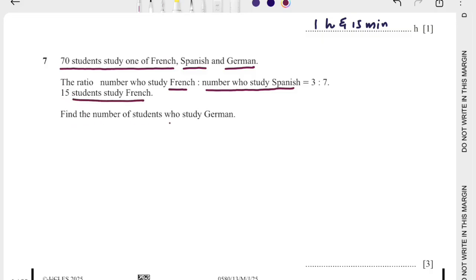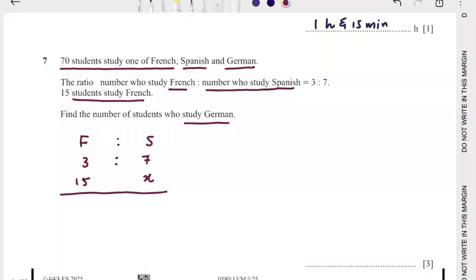Find the number of students who study German. So let us see, the ratio of French and Spanish is 3:7, whereas 15 students study French. How many students will study Spanish?